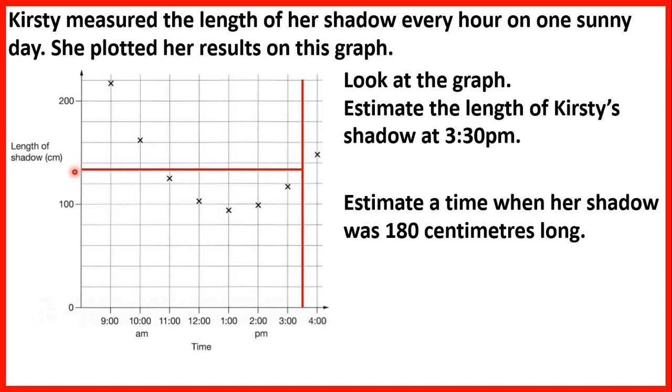And we need to understand how to read this scale. We have 1, 2, 3, 4, 5 lines to get from 0 to 100. So if we divide 100 by 5, that tells us that each line is an extra 20 centimetres. So if this point here is 100, then the line above will be 120, and then above that we have 140.